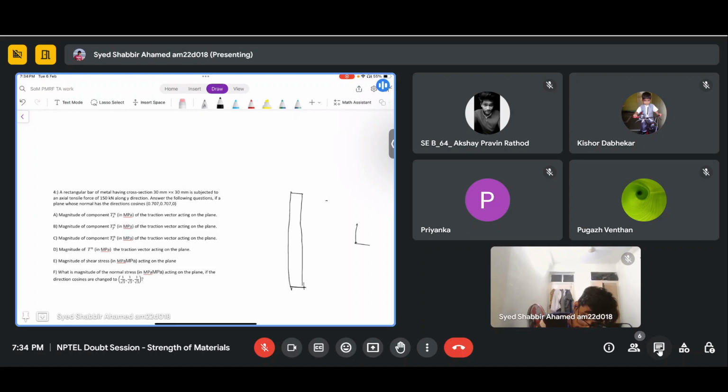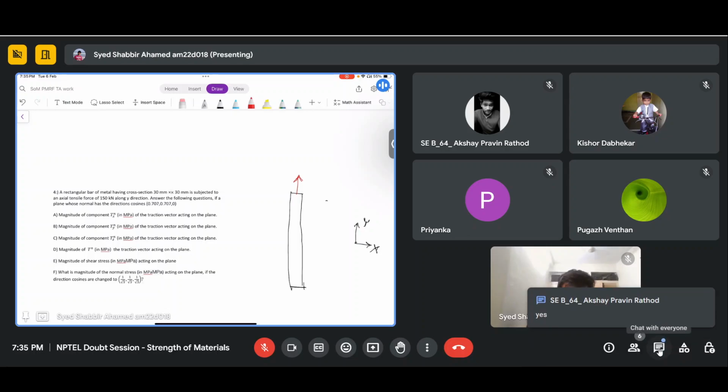And let's say this is the orientation which I'm taking. This is x and this is y. And this has a cross section. I'm not drawing this in 3D, so I hope you can visualize the cross section, which has an area of 30 by 30.